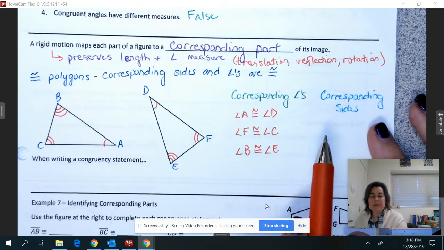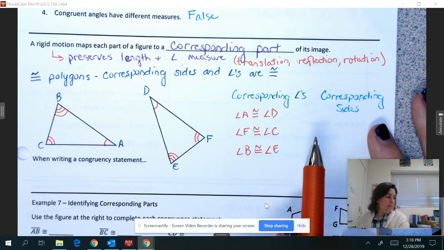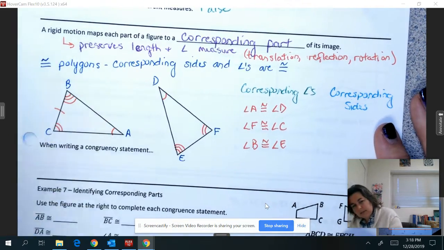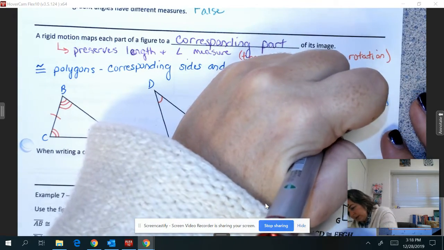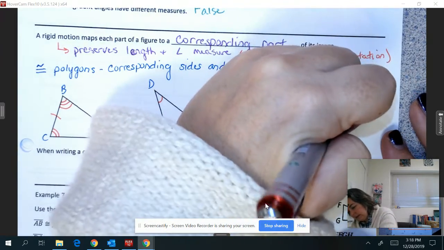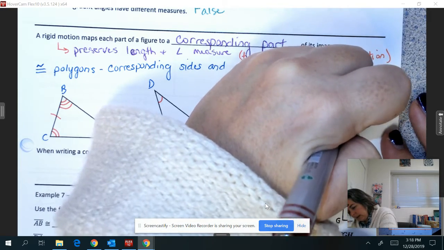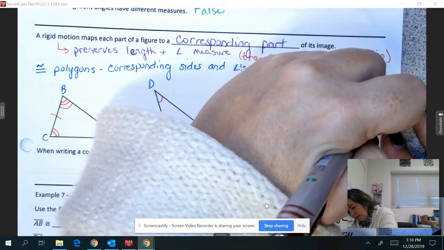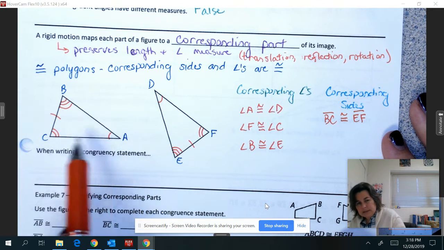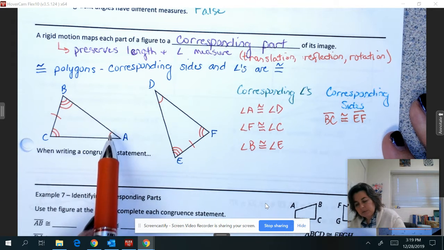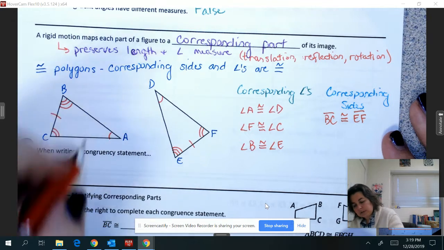Okay, so now listing the sides that are the same. It looks like this short side BC and EF will go together. So BC and EF are corresponding. This side AC is between the angles with 1 arc and 2 arcs.